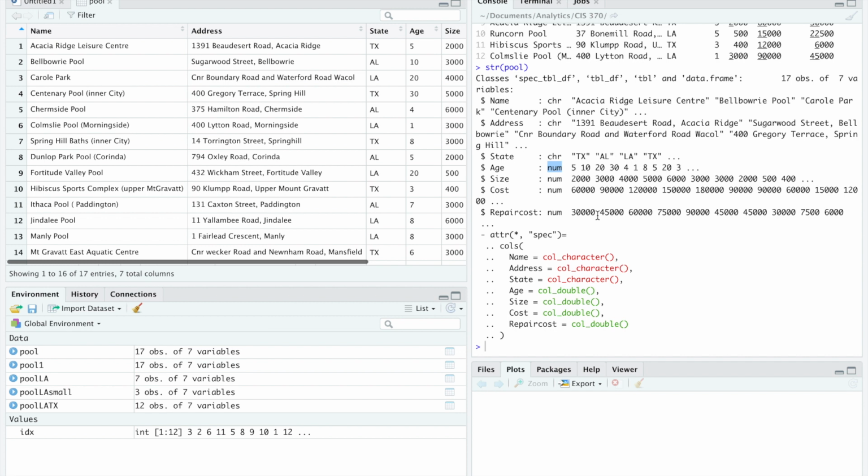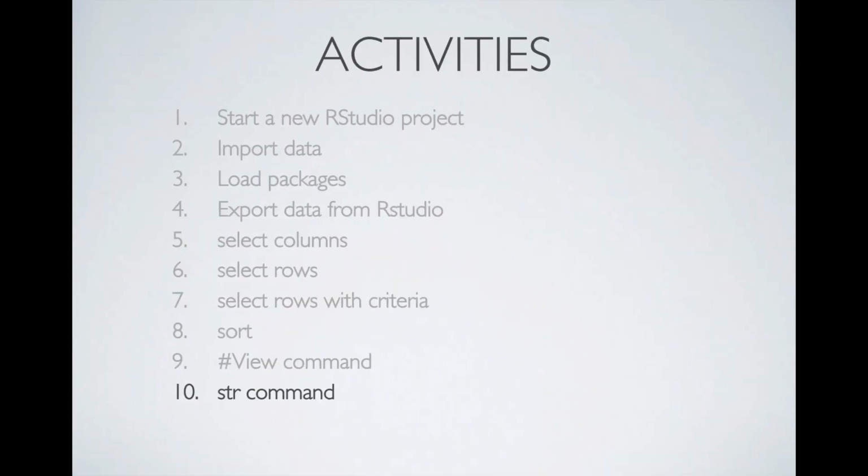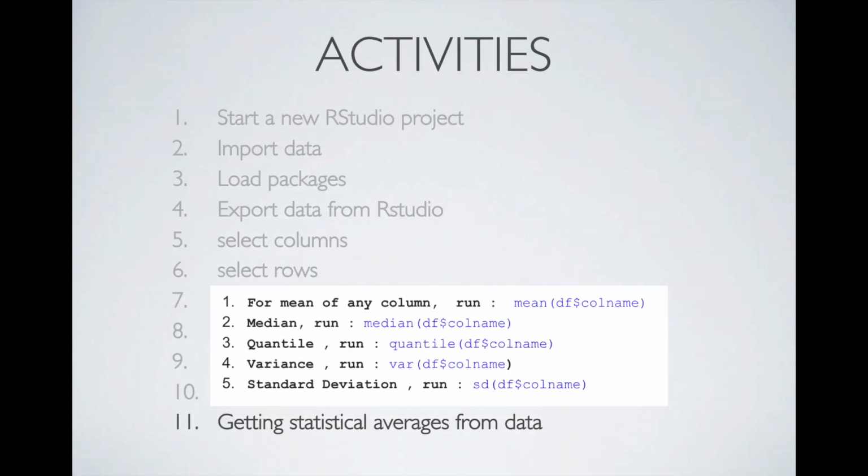Okay, so very useful command. The last set of things we'll cover is the actual statistics. So we're going to be using the mean function, median, quantile, which is the same as quartile in Excel. Variance will be var, and standard deviation as SD.